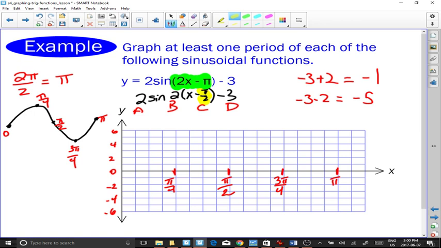So let's look at this grid. To get to pi over 2, how many grid squares do we have to go? 8. So that means that these points are going to move 8 grid squares to the right.